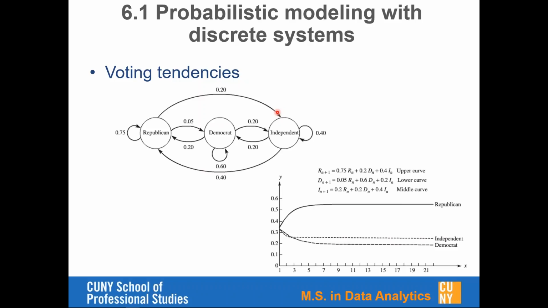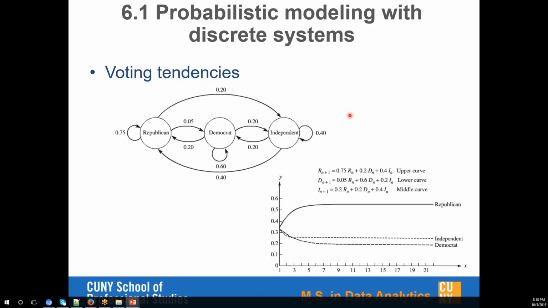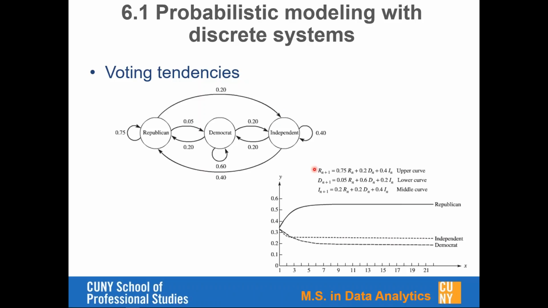This problem can similarly be based on the previous state. For example, the votes going to Republican either come from the Republican previous state, which has a 0.75 probability, or from a Democrat, with a 0.2 probability, plus the portion coming from Independent, which is 0.4.